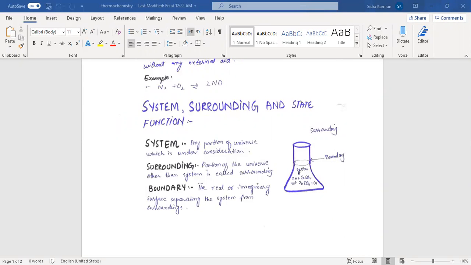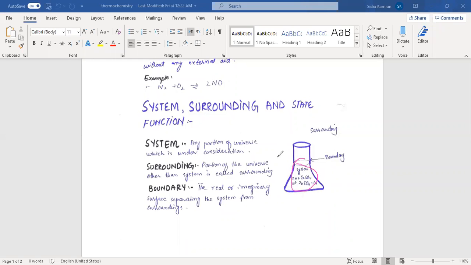The thing that you are observing, the thing that is under consideration, the thing that you are going to study is called the system. You are going to study the reaction between zinc and copper sulfate, so this is the system because it is under observation.